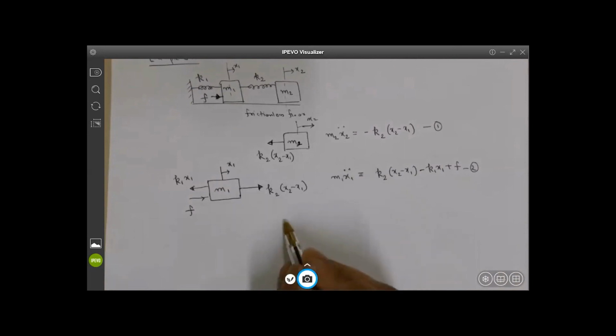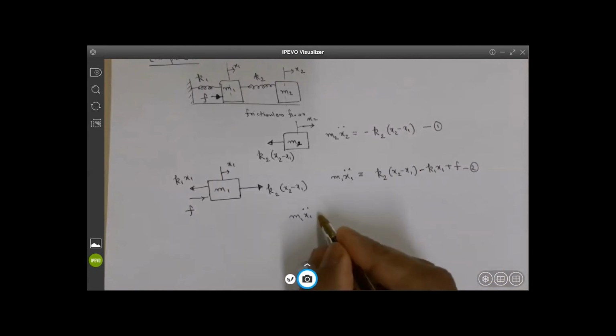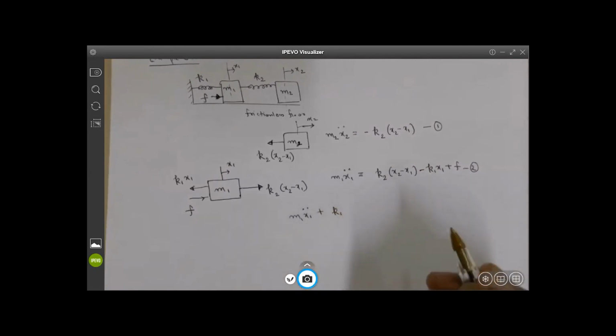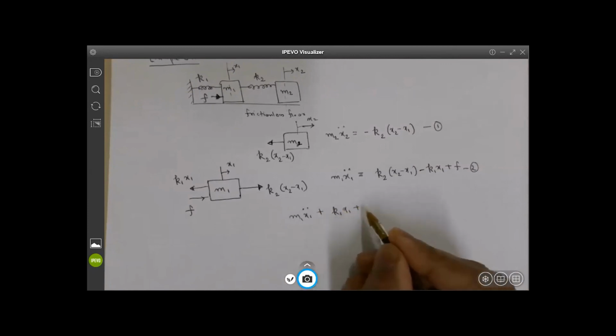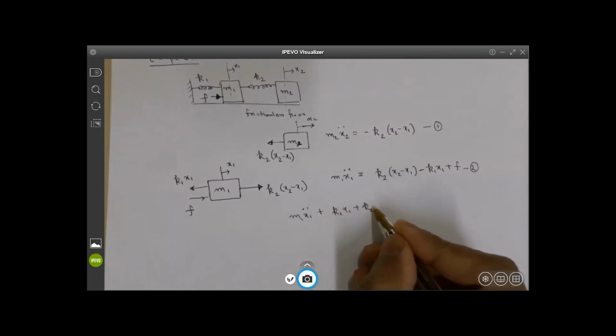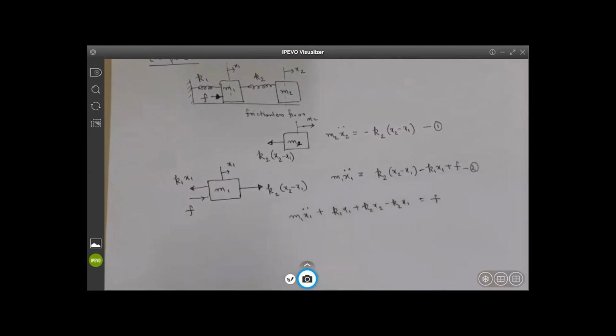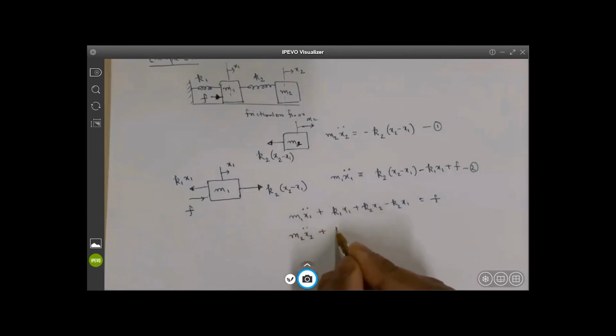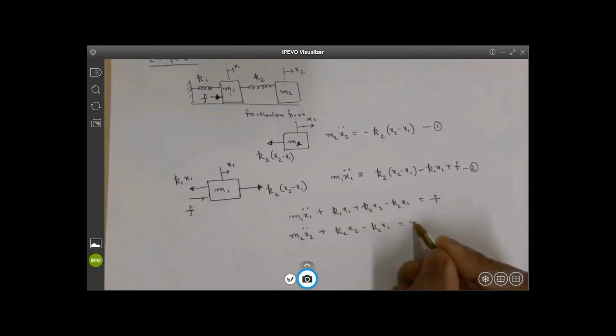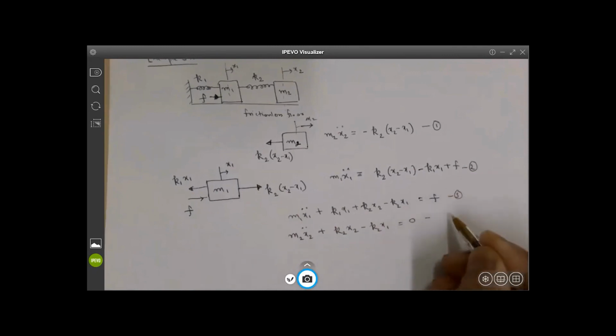Taking the second equation first, I get m1 x1 double dot plus k1 x1 plus k2 x2 minus k2 x1 equals F. Then I have m2 x2 double dot plus k2 x2 minus k2 x1 equals 0. This is third and this is fourth.